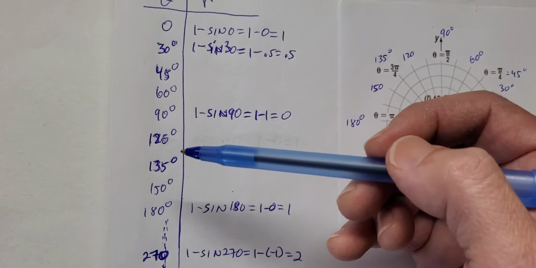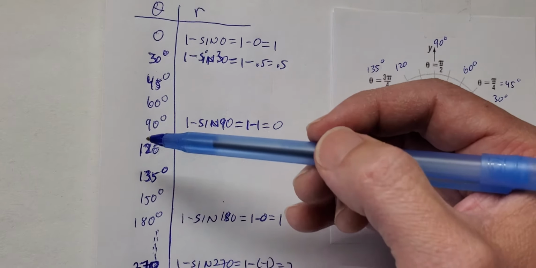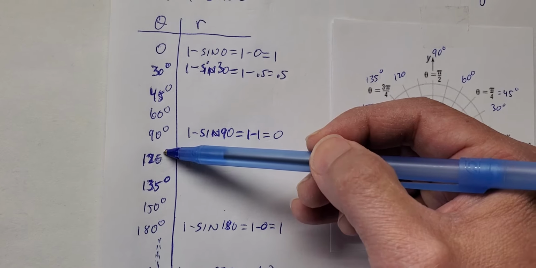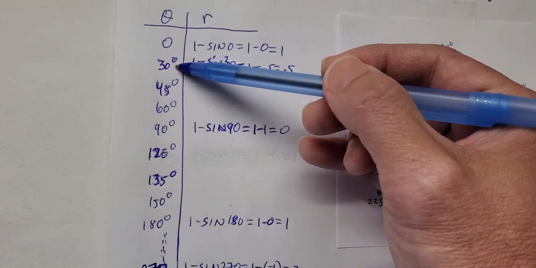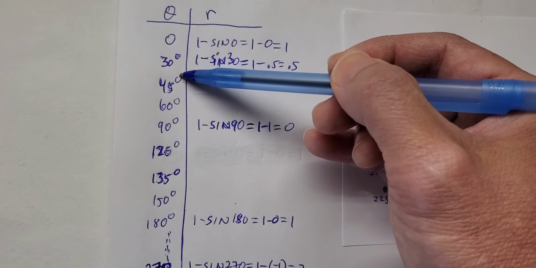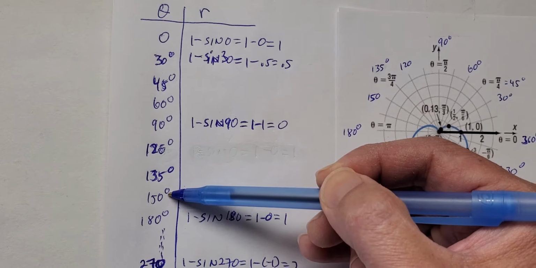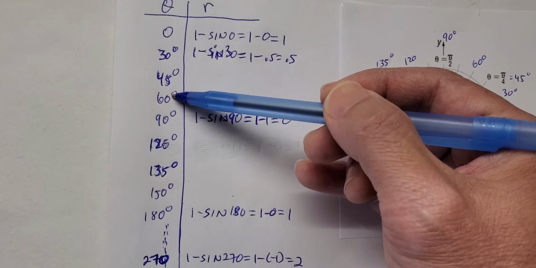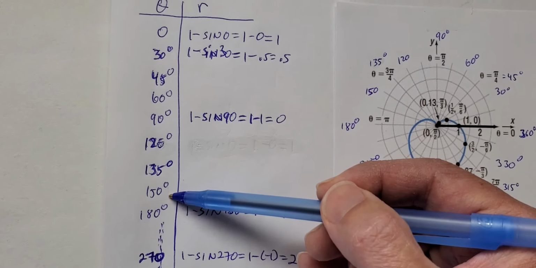One more time: 120 came from 90 plus 30, 135 came from 90 plus 45, and 150 comes from 90 plus 60, and so on.